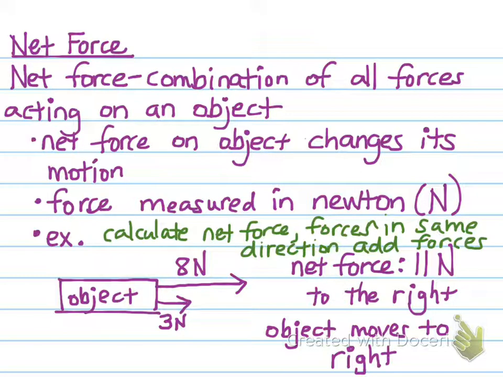Because the 8 newton and the 3 newton force were both acting to the right, we added those together to calculate our net force. So that's one example. We're going to look at 3 examples.